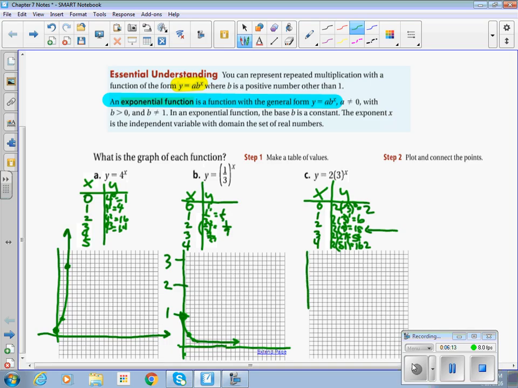But let's get those points down. Over 0 up 2. Over 1 up 6. Over 2 up 18. And then I'm off my graph.